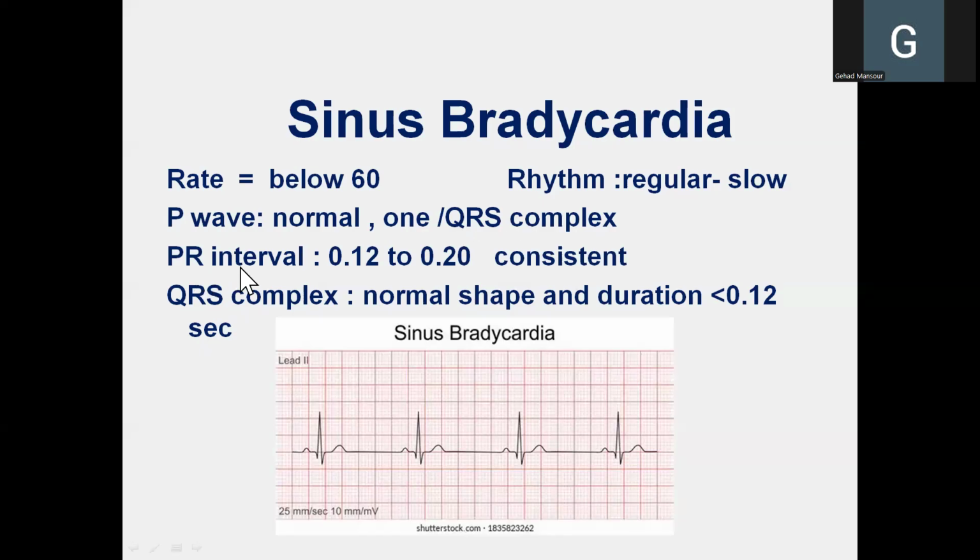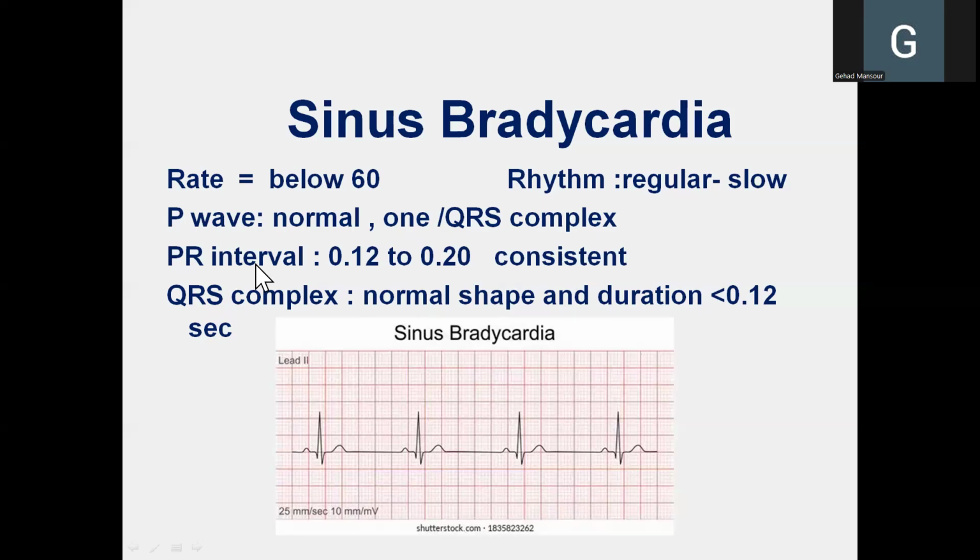Concerning the PR interval, which represents the conduction of the wave of depolarization across the AV node with some normal physiological delay, it's 0.12 to 0.20.